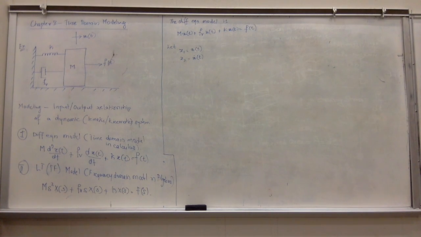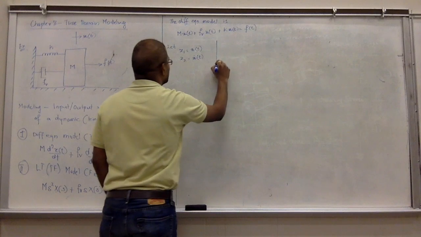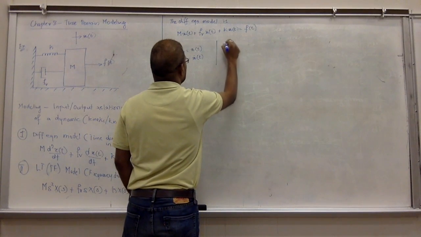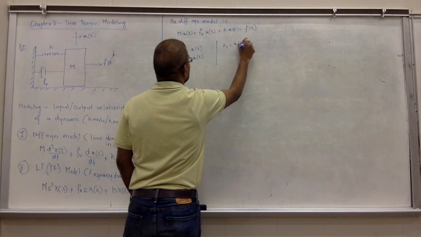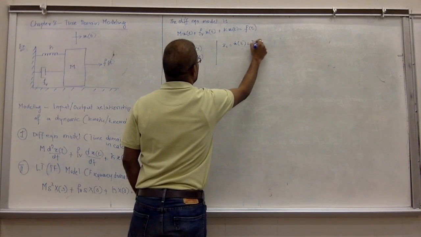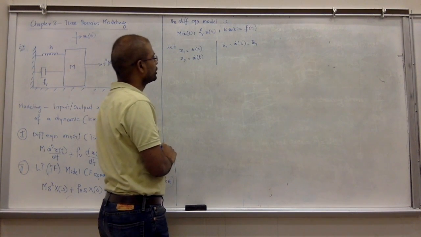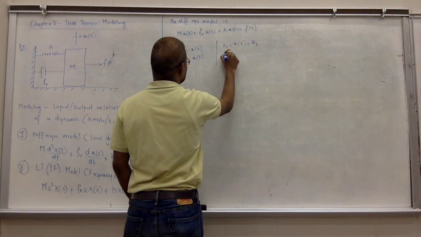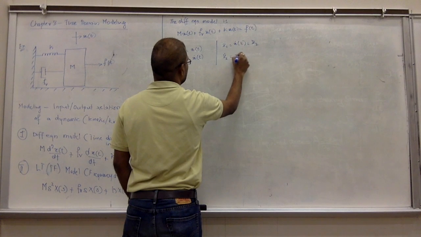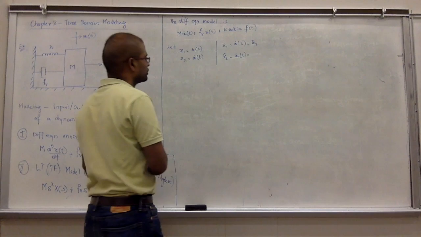So displacement and velocity are different states, and we define this accordingly. Z1 dot is equal to x dot, which is equal to Z2. You agree? And Z2 dot is equal to x double dot of t.